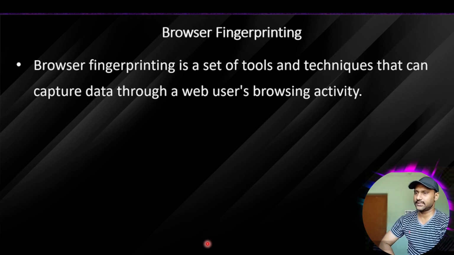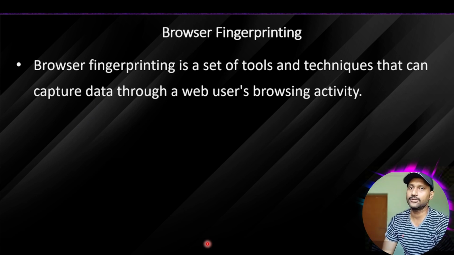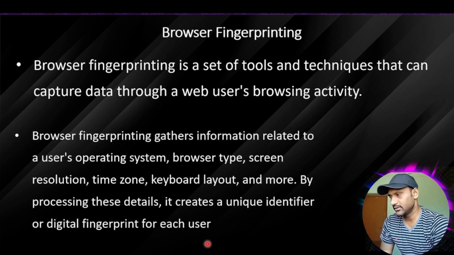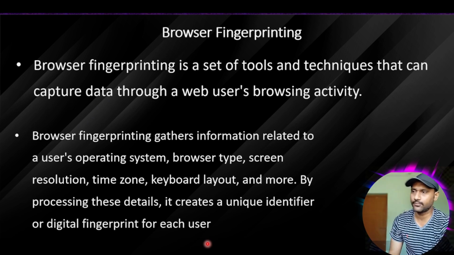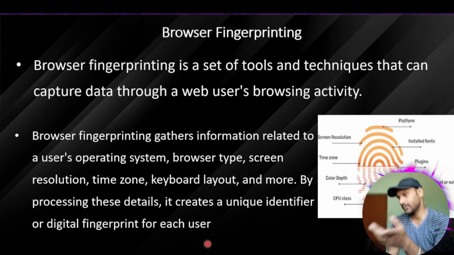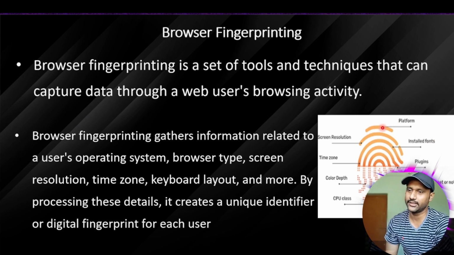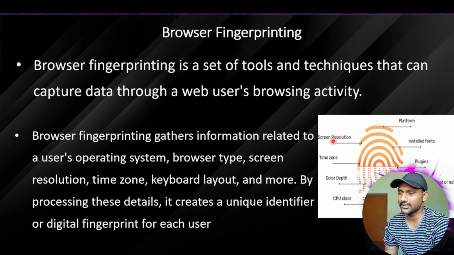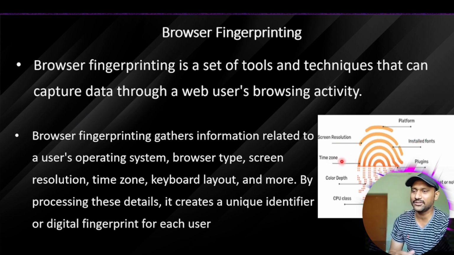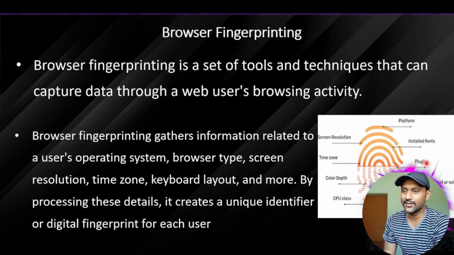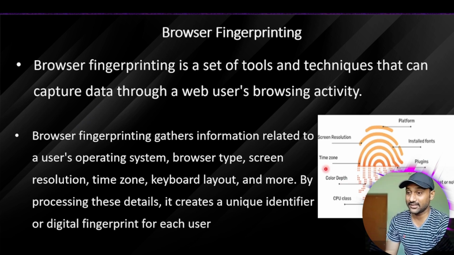Browser fingerprinting is a technique that captures data about users through web activity. What data does it collect? Your browser will provide all of this: what platform you are using, the screen resolution, the fonts, the time zone, plugins, screen size, everything.